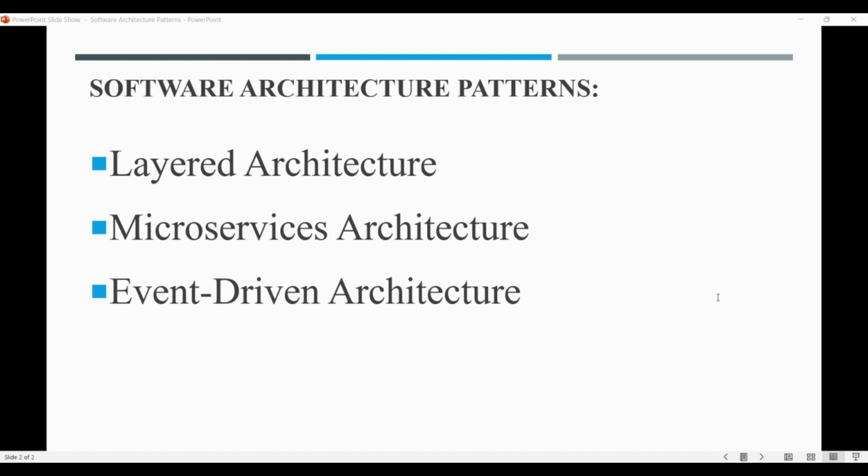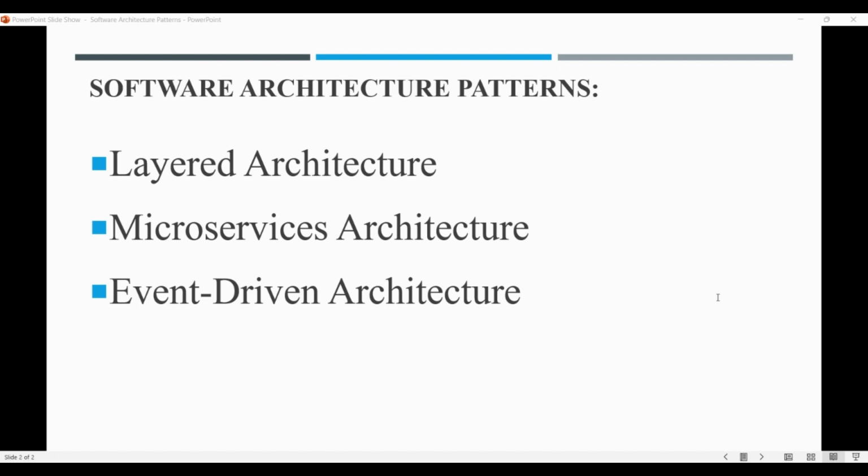Microservices architecture is a development approach that structures an application as a collection of small, independent services, each running in its own process and communicating with the other services through lightweight APIs. Each service is responsible for a specific set of tasks or business capabilities and can be developed, deployed, and scaled independently of the other services.